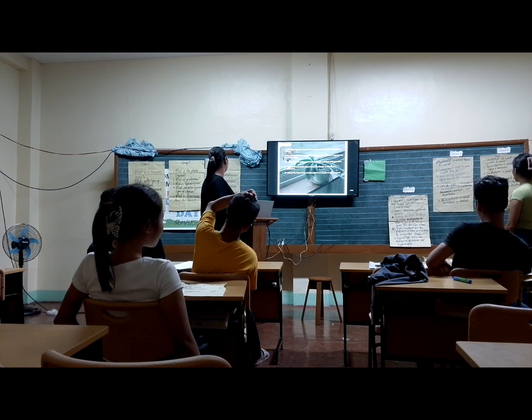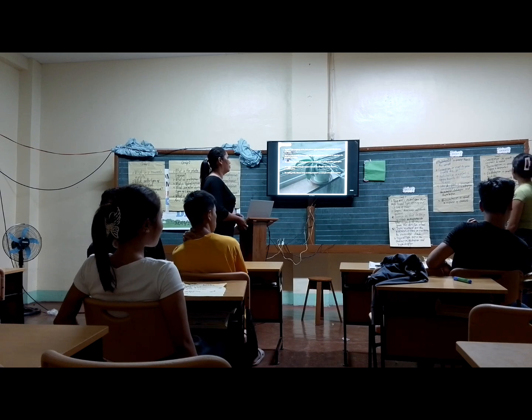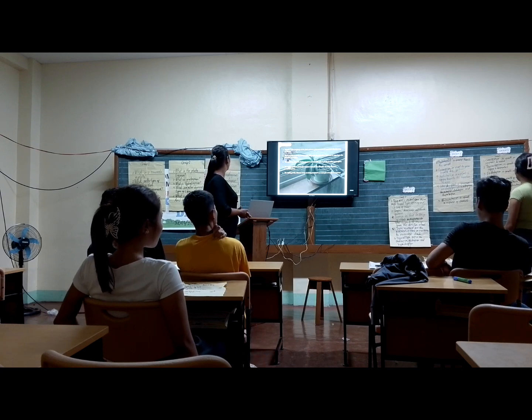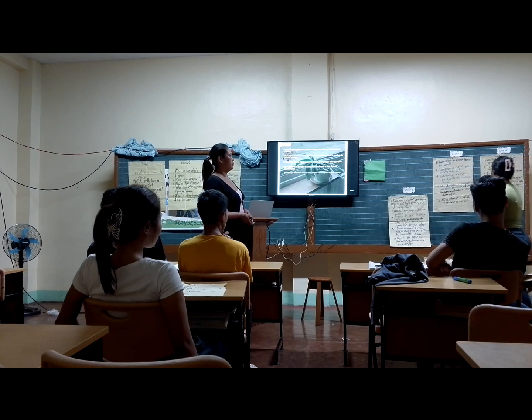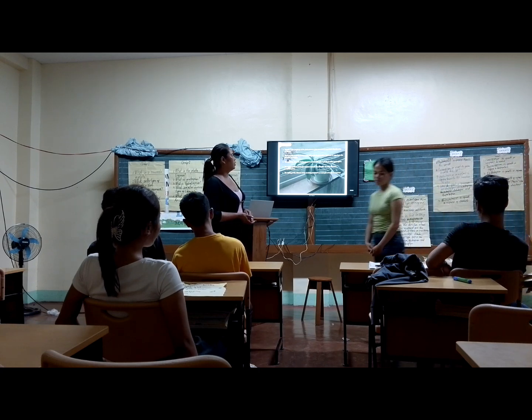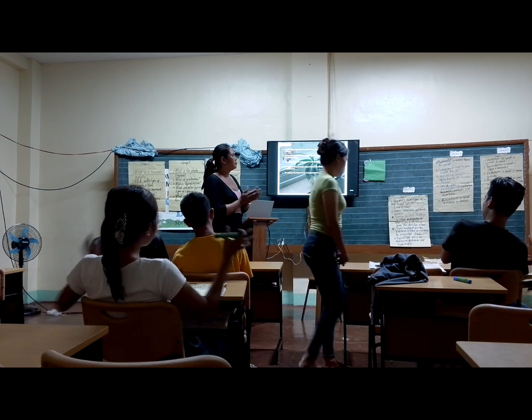What is thigmotropism? Thigmotropism is growth of a part in response to localized physical contact. So what is nastic movement? Nastic movements are non-directional responses to stimuli. Okay, very good. Let's give a hand to group 3.